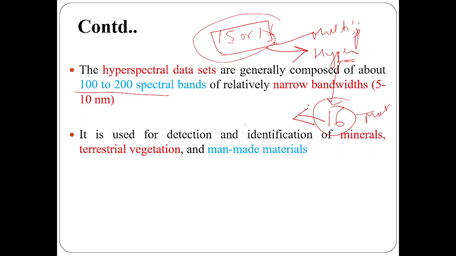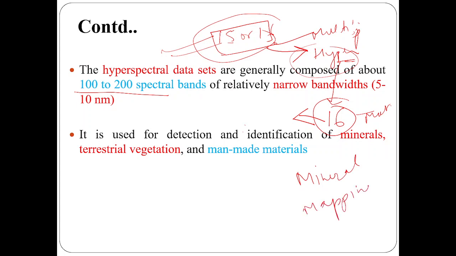So why was hyperspectral needed? Why were so many bands needed? Why was multispectral remote sensing not enough for some applications? Definitely hyperspectral was found to be very informative in mineralogy, or in terms of mineral mapping.